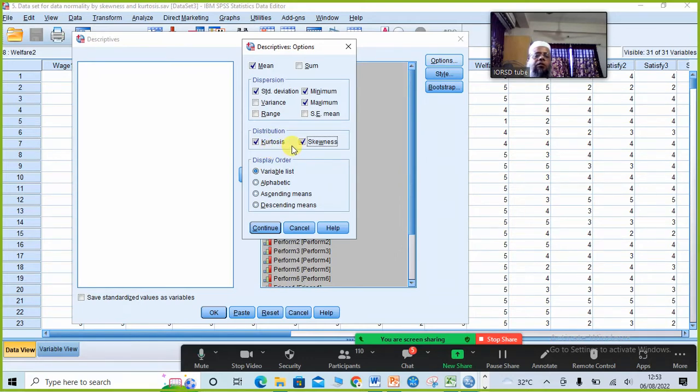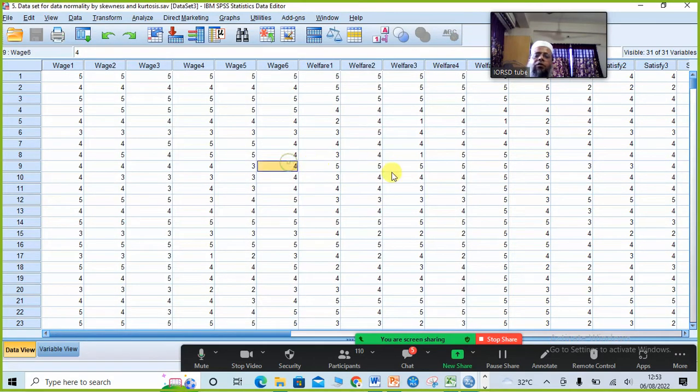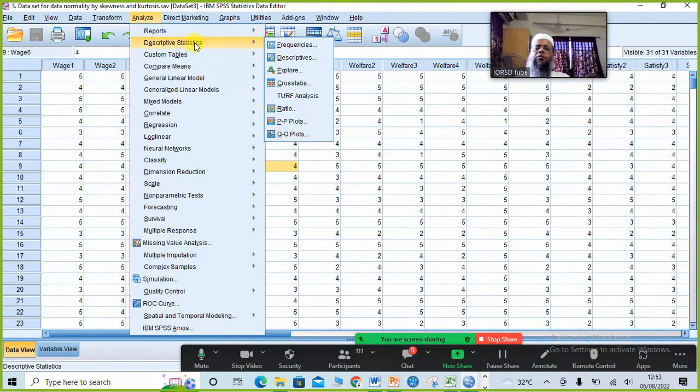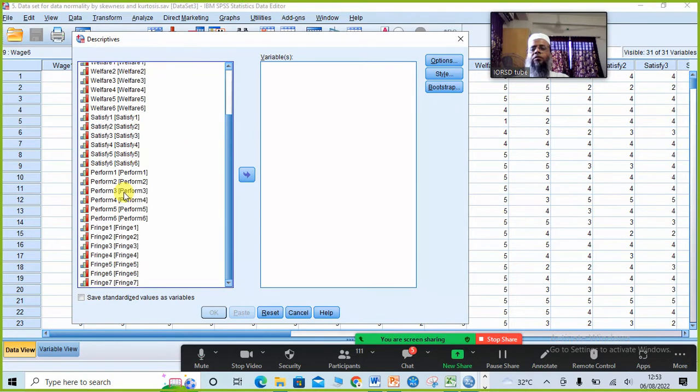Doctor, sorry, can you repeat the process again? Okay, yes, why not. Sister, did you open your file? The file number 5, SPSS file. Yes, number 5. Please go to Analyze, go to Descriptive Statistics and go to Descriptives, the second option here, and select all these items in our data set.